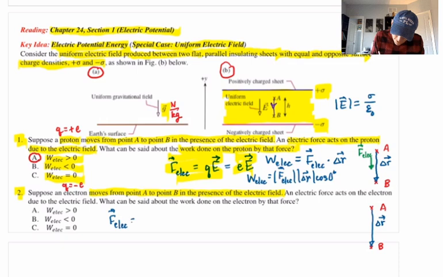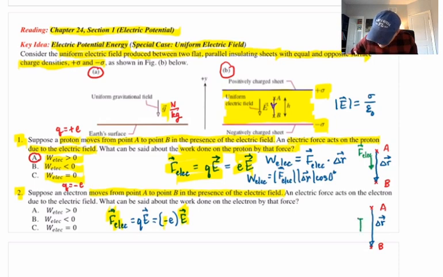Well, start with Q times E arrow, but now put in the Q, negative little e times E arrow. And this tells me, this negative sign, that the direction of F electric and the direction of E arrow are opposite. And E arrow is down. So the F electric, the force on the electron, is up.